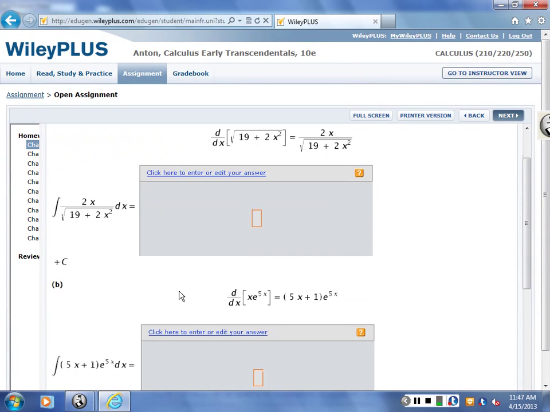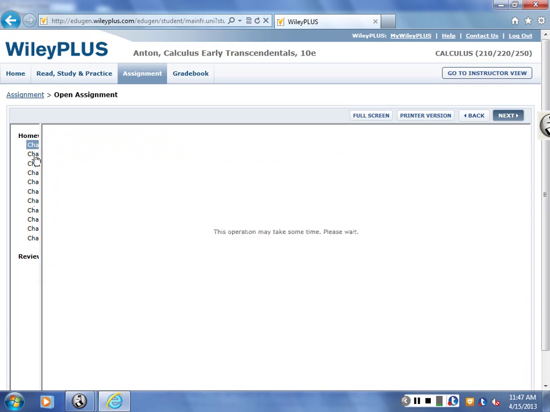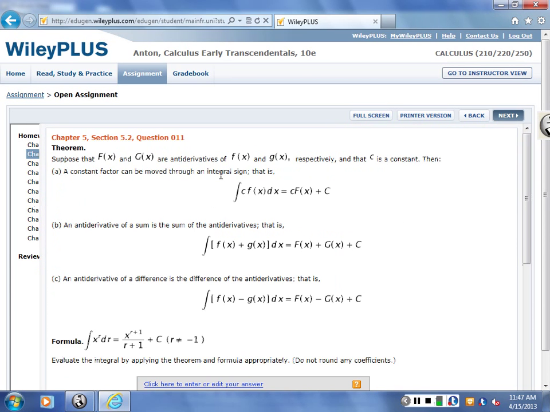This is setting you up so that if I know the derivative form of it, can I write the integral form of it? They also give you this plus c, so don't write plus c in there, it won't accept it. Eventually we'll integrate like this and get back the original function, and I'll show you how to do that as we go. But at this point, we're really using the properties in this formula.